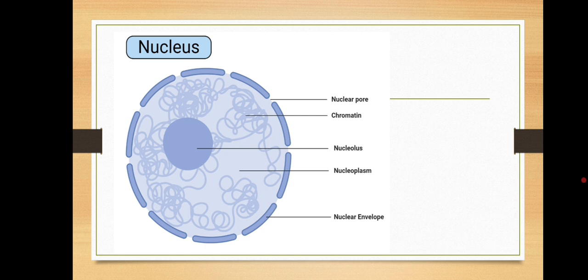So whenever there is a protein need of the body, DNA produces RNA inside the nucleus. After the RNA is made, the RNA exits the nucleus and enters the cytoplasm to carry out protein synthesis inside the ribosome. Got it?